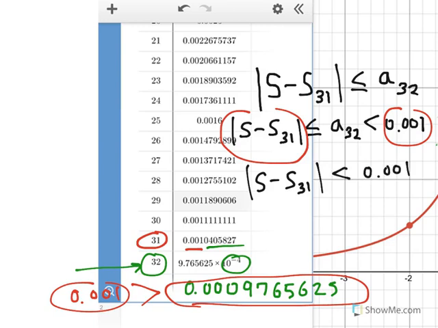So by applying the alternating series remainder theorem in this way, we're able to determine that we need to find the 31st partial sum to approximate the sum of our convergent alternating series with an error that's less than the acceptable 1,000th margin.